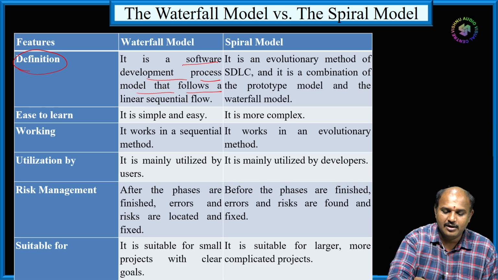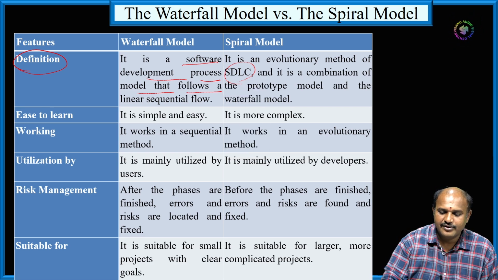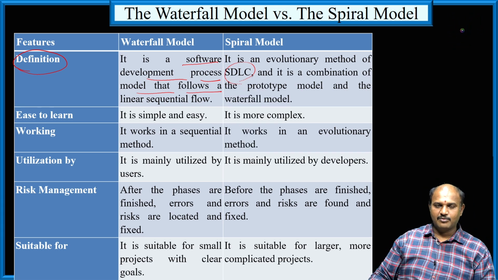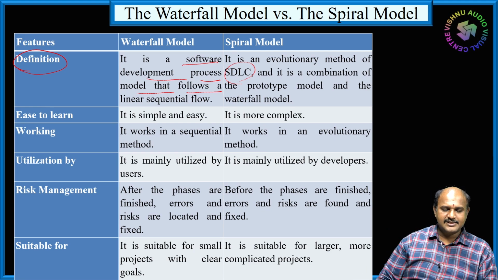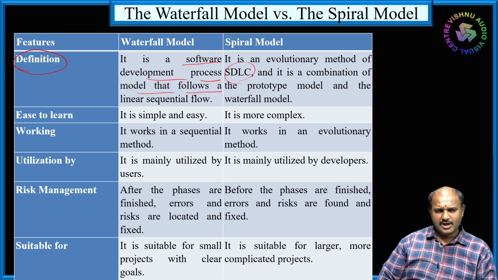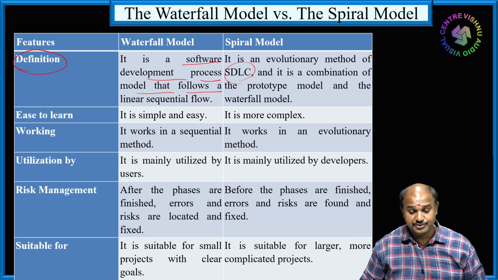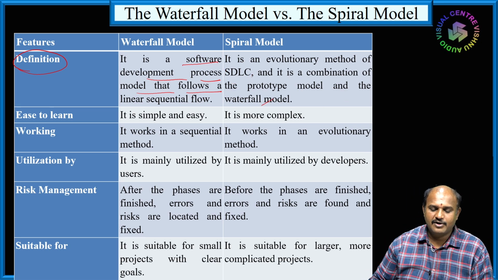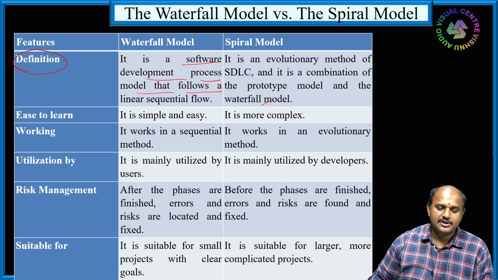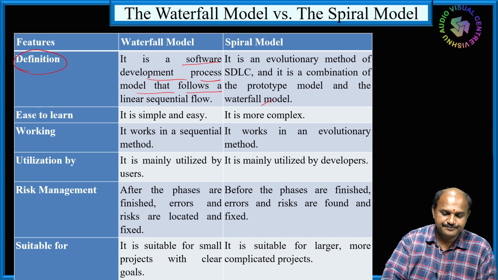The spiral model, which is used for SDLC, is a combination of the prototype model and the waterfall model. So we are using different types of protocols like HTTP, SMTP, UDP, whatever different types of protocols, and the waterfall model also we have used to develop the spiral model. That's the definition.